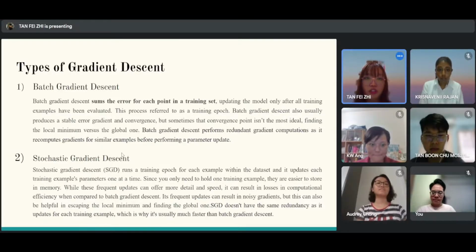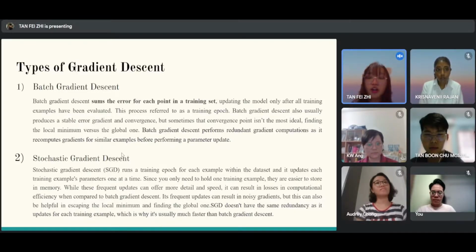SGD will not create a redundant result, while these frequent updates can offer more detail and speed. So compared to batch, SGD is faster. Its frequent updates can result in noisy gradients, but this can also be helpful in escaping the local minimum and finding the global one.